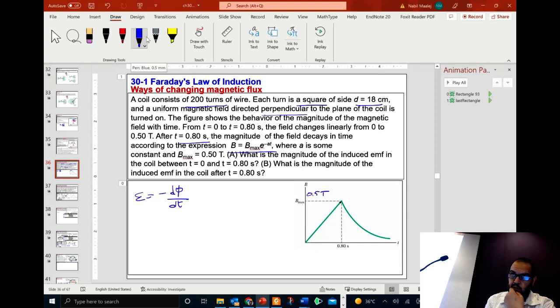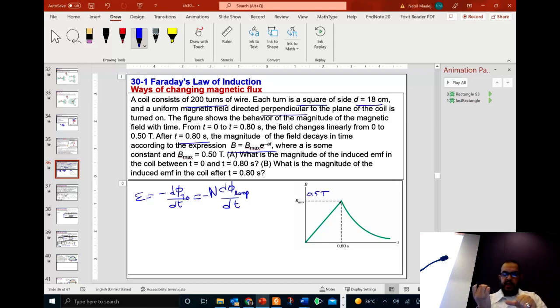Remember, for 200 turns we have to multiply the change of the flux in one loop by N. So maybe I should write it. This is going to be minus N, d of the flux for a single loop, over dt. What is the flux through a single loop?